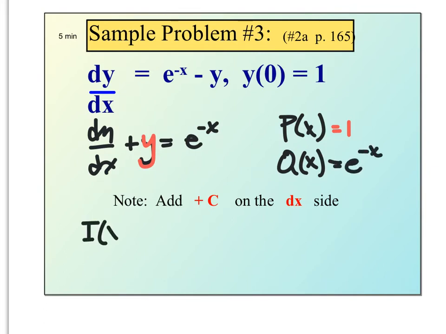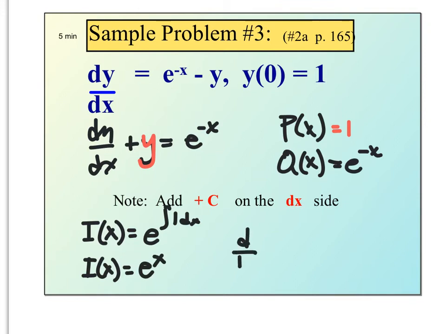I of x will equal e to the integral of p of x dx. That's 1 dx. So it looks like I of x is going to equal e to the x. So d dx of y times e to the x is equal to q of x times I of x.